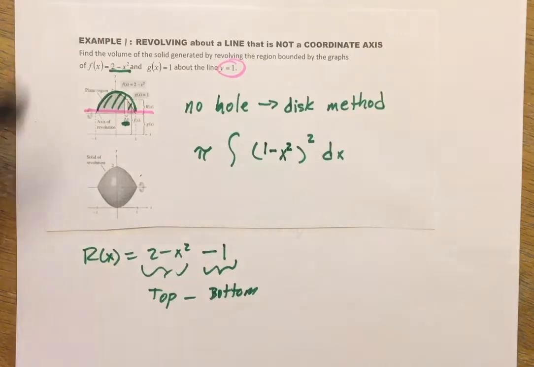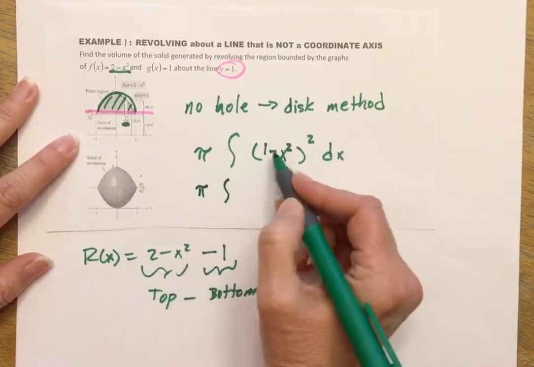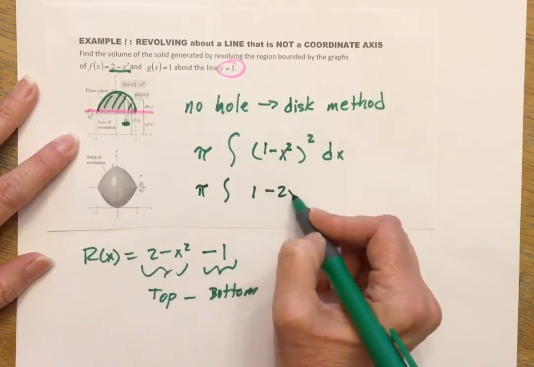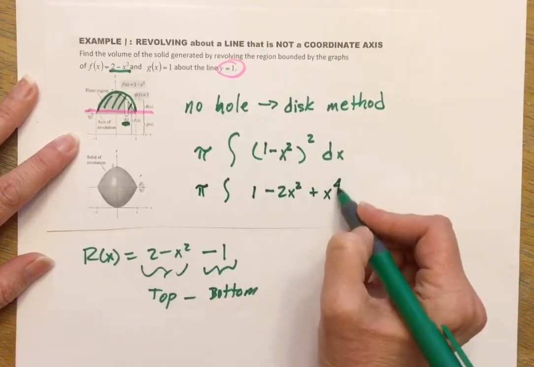Now, if we're going to work this by hand, what we would do is we have to expand this. So if I expand, I have 1 squared is 1. I multiply those two together and double it, and then I square that and I get x to the 4th.